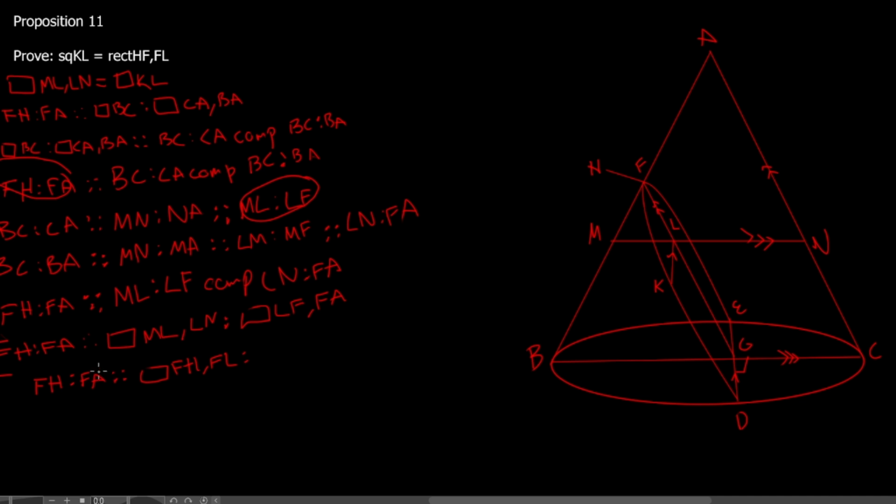FL times FA is the rectangle FL FA. So we know that FH is to FA as FH FL is to FL FA because we've just multiplied both by the common term FL. And that's from Euclid 6.1.